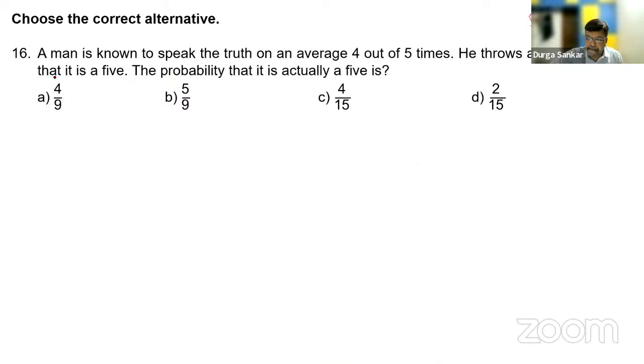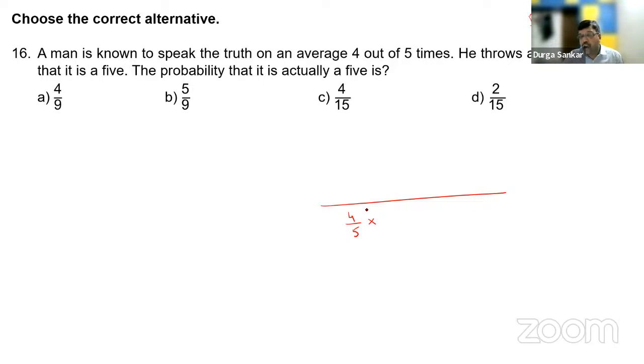Next one. A man is known to speak the truth on an average 4 out of 5 times. He throws a die and reports that it is a 5. Now, if I look at the total probability, 2 cases. The man is speaking the truth, for which the probability is 4 by 5, and that it actually is a 5.